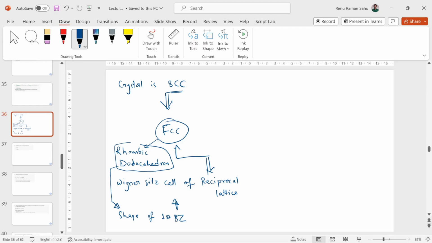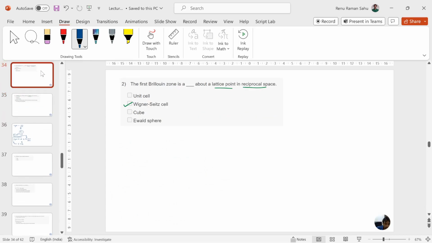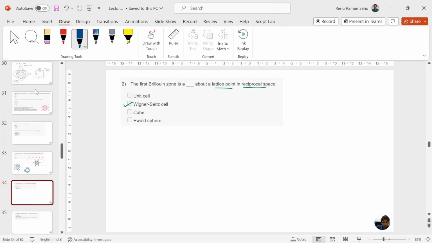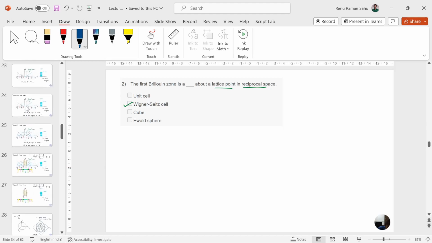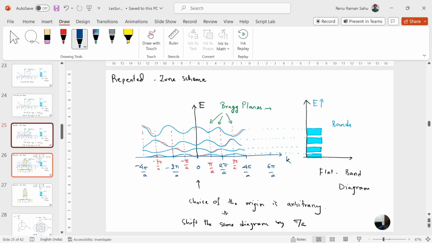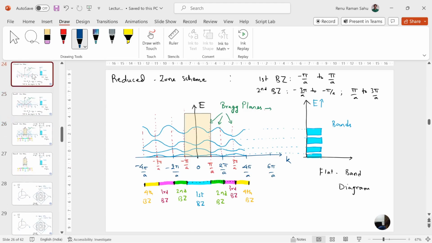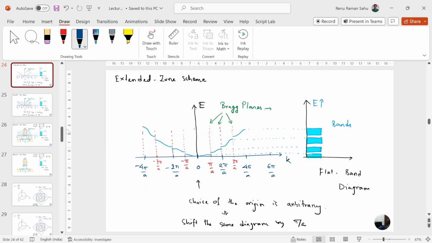Going to the slide you had put on the discrete energy, the previous one. See, 2 pi by A is basically our reciprocal lattice point.